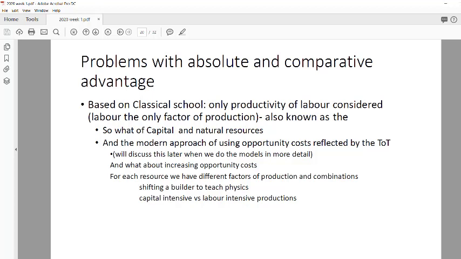You can't say, to produce one more good in the hospital industry, I have to produce one less in the construction industry. You might need to produce three less in the construction industry to get the same capital needed to produce that heavy capital intensive good in the hospital industry.